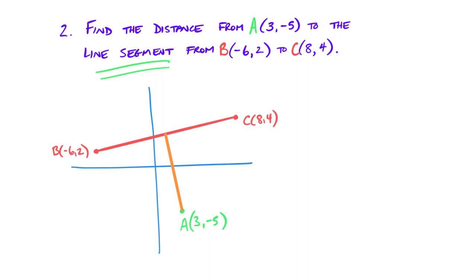Well, I've already used up B and C, so let me call that point D. There, that's what the problem was asking. Now, I think you should be good to try this problem on your own. But before you do, let's have a little conversation about something that may arise.